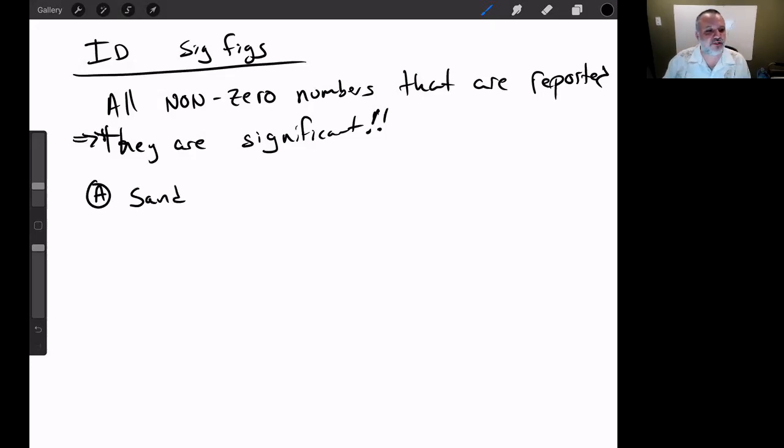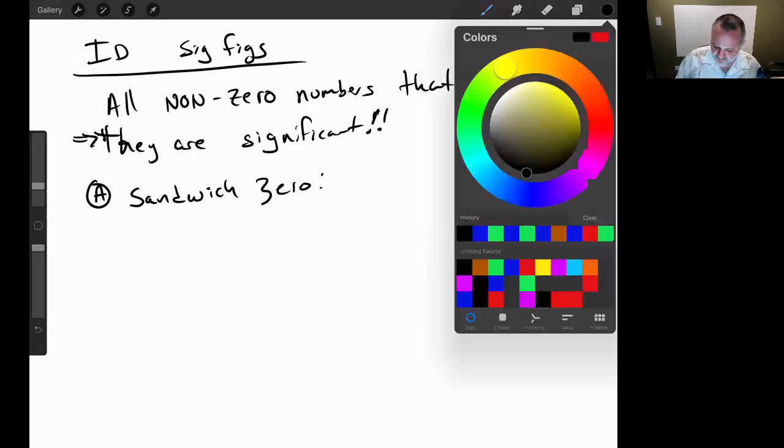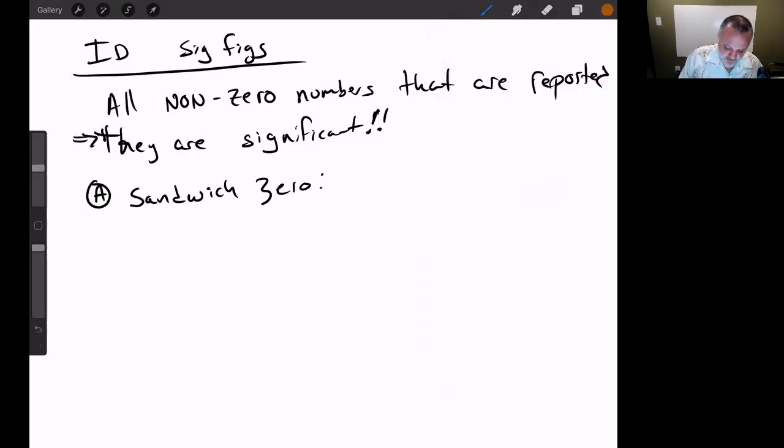The first situation is a sandwich zero. If I'm thinking about a sandwich zero, this would be a zero that appears somewhere in between other non-zero numbers. 808, 14,702.